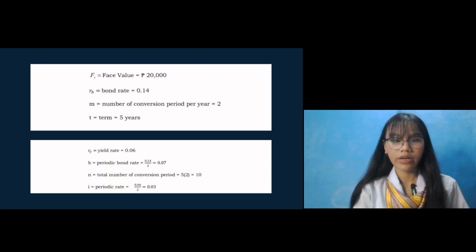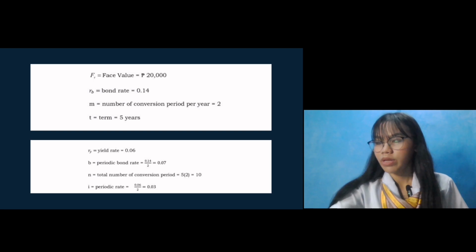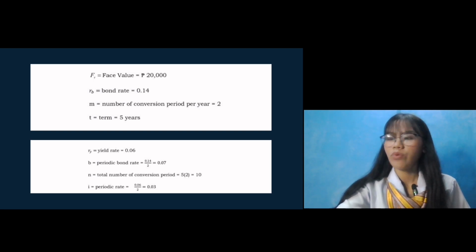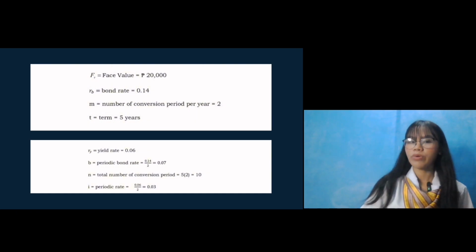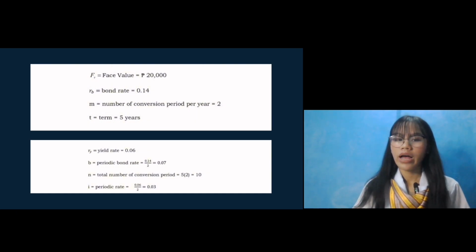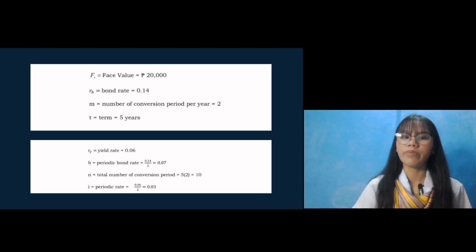If you divide both of them, we will be getting 0.07. And then our N here, we will be multiplying the T and the M. So 5 multiplied by 2 will be equal to 10.